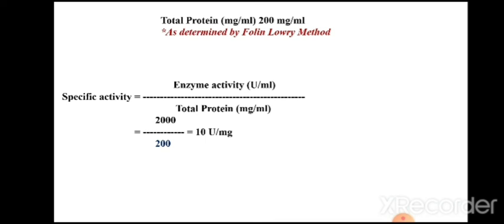Now we know the formula for specific activity is enzyme activity, that is units per ml, divided by total protein. So here in this case, the enzyme activity is 2000, total protein is 200, so 2000 divided by 200, it will be 10 units per milligram. This is the specific activity of amylase.